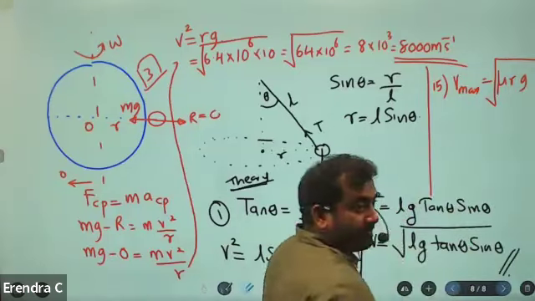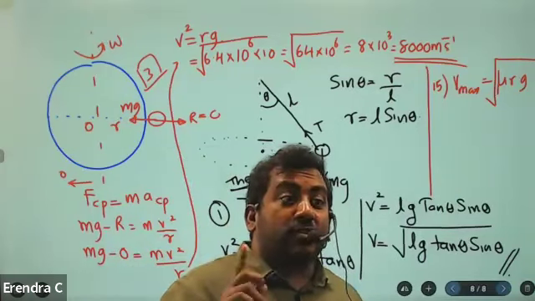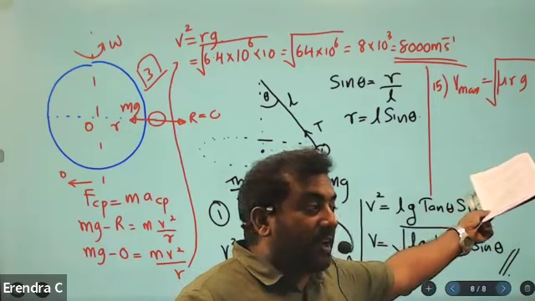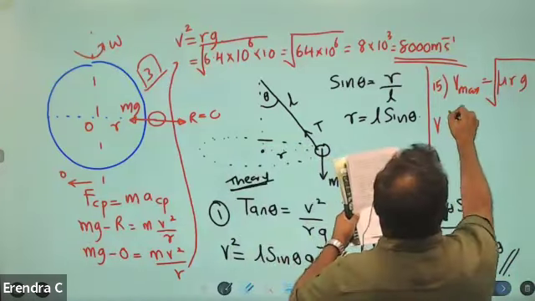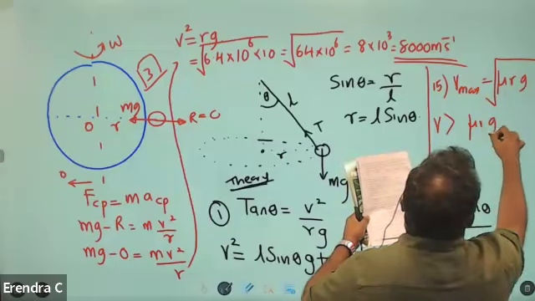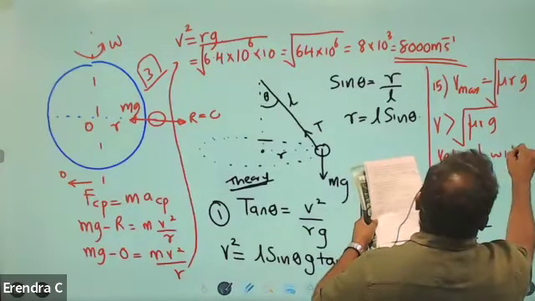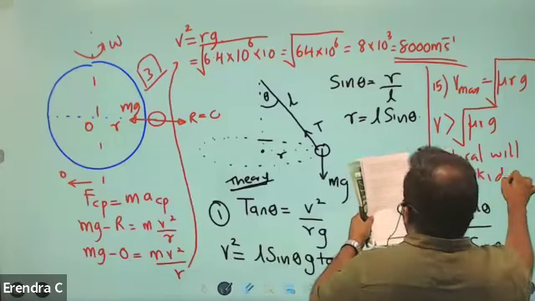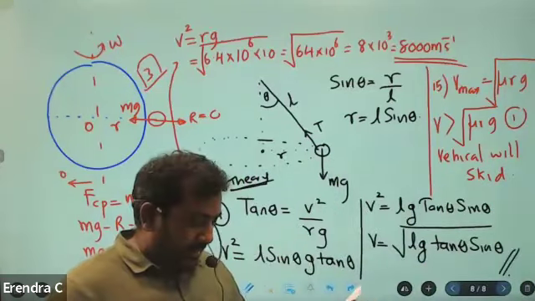Can you remember? For the vehicle to skid, should the velocity be greater than this value or less than this value? Greater than this value. So V should be greater than the square root of mu r g, and the vehicle will skid. Correct answer is answer number 1.